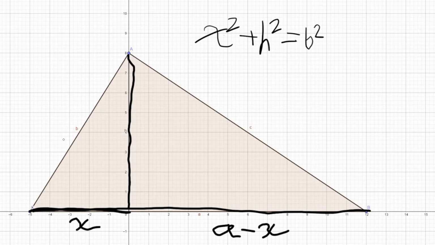The second triangle we can create is here, on the right side. So what we'll write out is, we know that our hypotenuse is c.